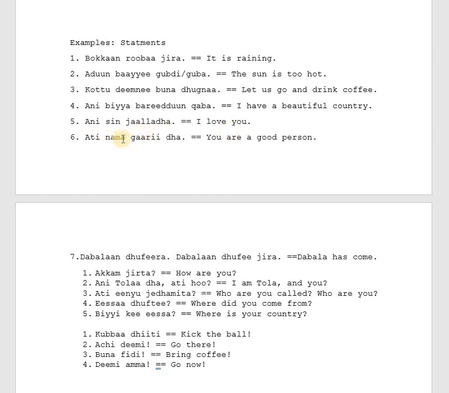So, ati nama gaarii da. Sometimes ati nama gaarii. Some dialects say ati nama gaarii, so there is no da there, but still it's a different structure.